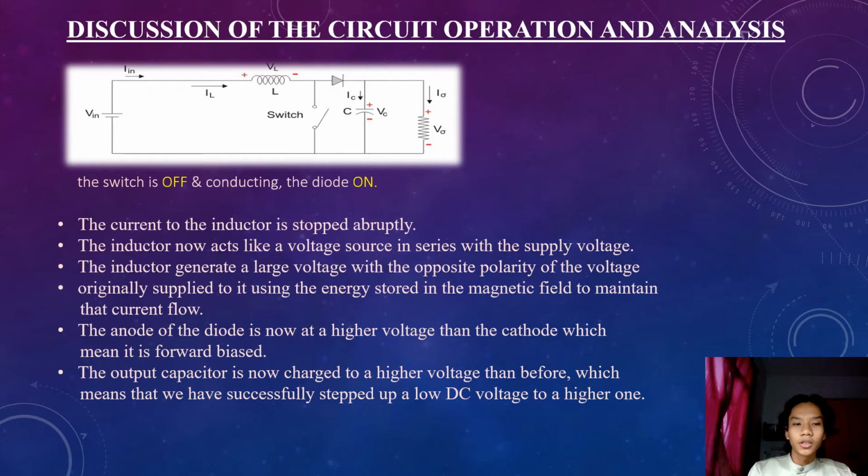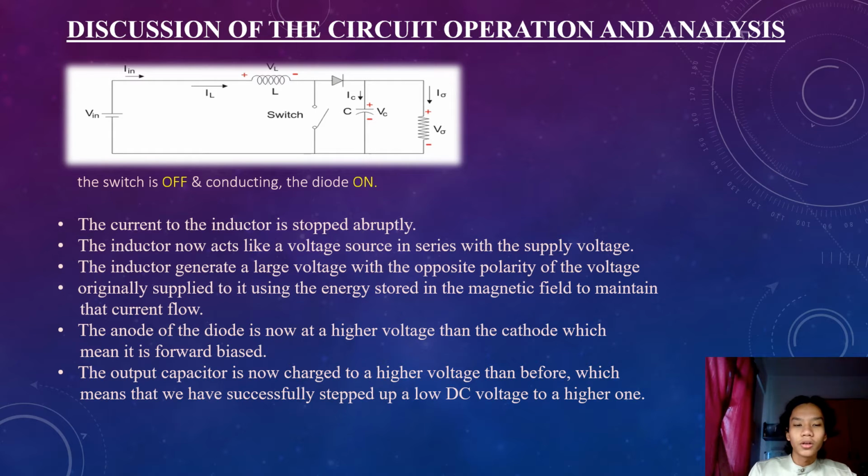Next, the state in which the switch is off and the diode is on. The current of the inductor is stopped abruptly. The inductor now acts like a voltage source in series with the supply voltage. The inductor generates a large voltage with the opposite polarity of the voltage originally supplied to it, using the energy stored in the magnetic field to maintain the current flow.